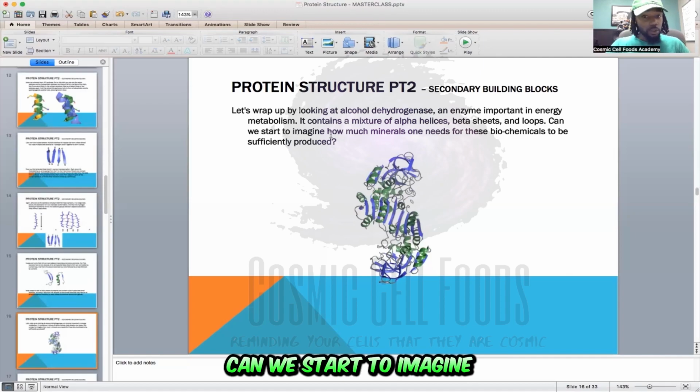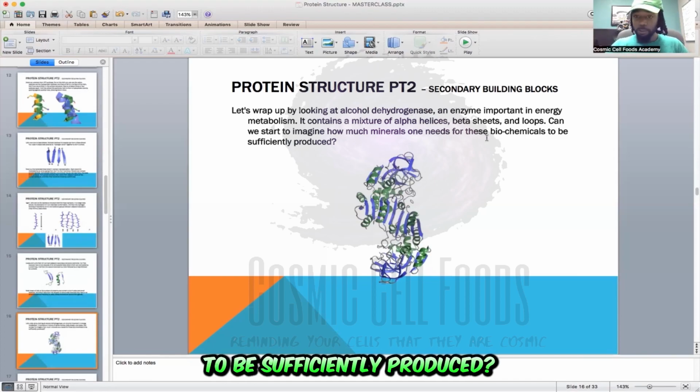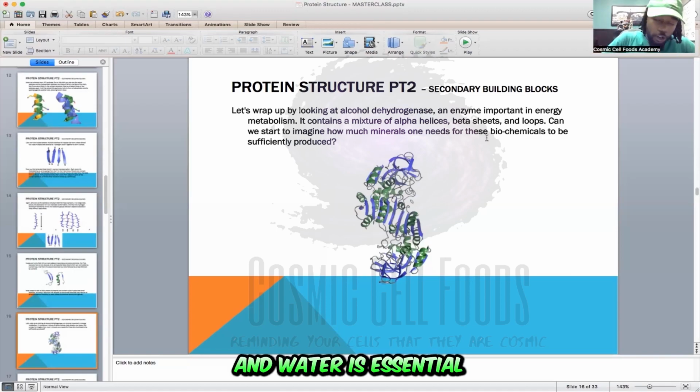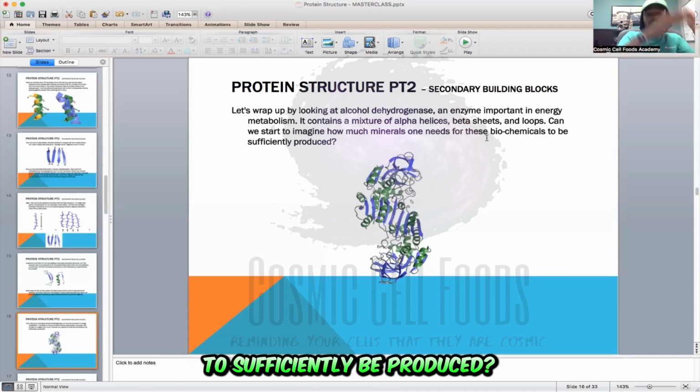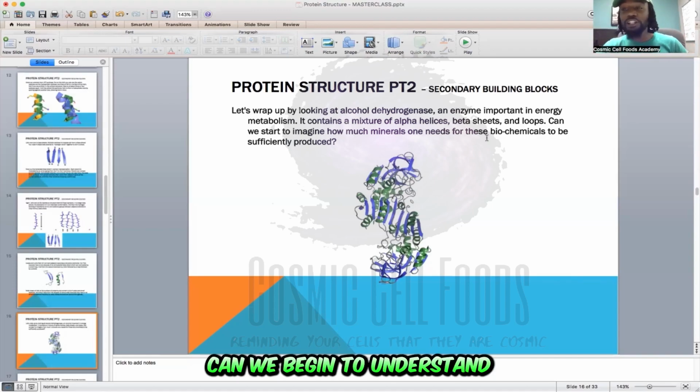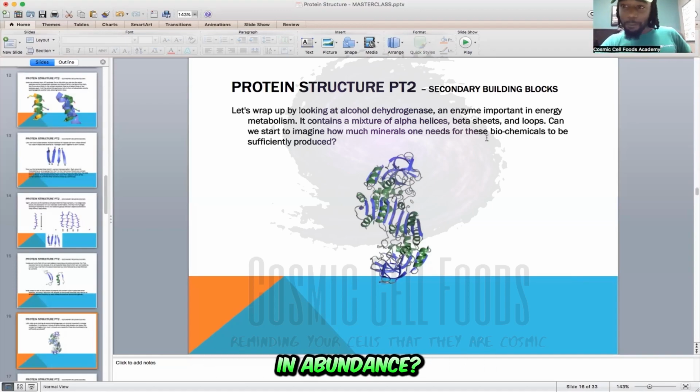Can we start to imagine how much minerals one needs for these biochemicals to be sufficiently produced? Can we start to begin to understand how much minerals and water is essential and necessary for these biochemicals that are happening within the body to sufficiently be produced? Can we begin to start seeing it? Can we begin to understand why we need minerals in abundance? All right.